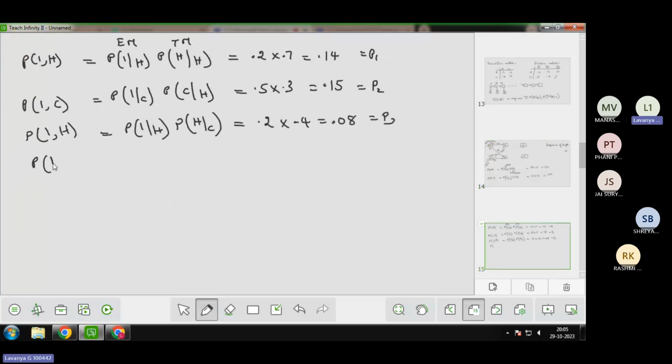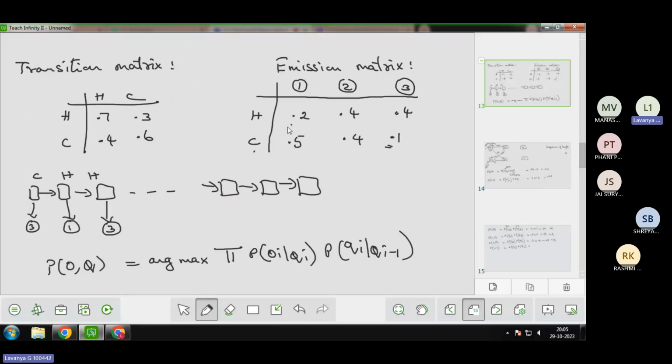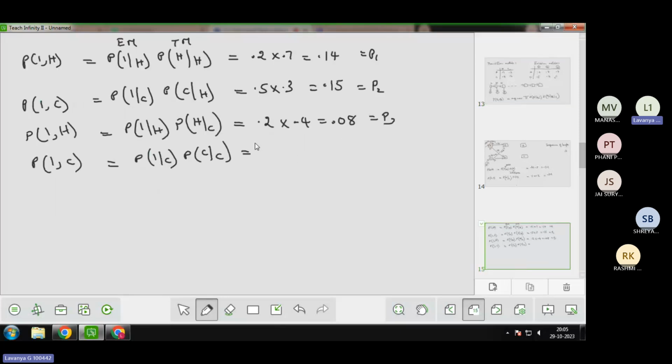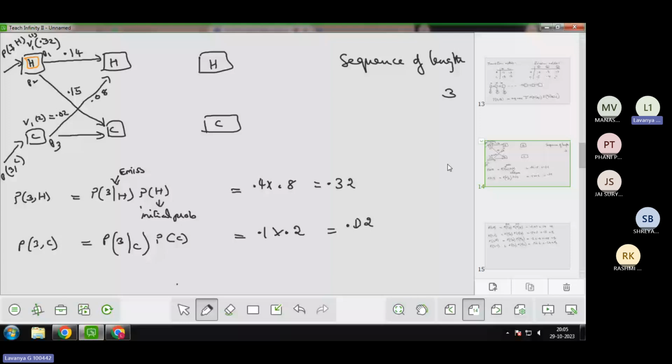So I will go 1 comma C. So it is 1 restricted to C into cold from cold. So 1 restricted to C is 0.5, C to C is 0.6. So it is 0.5 into 0.6, which is 0.30. Let me call this as P4. So this is 0.30 and I am calling this as P4.